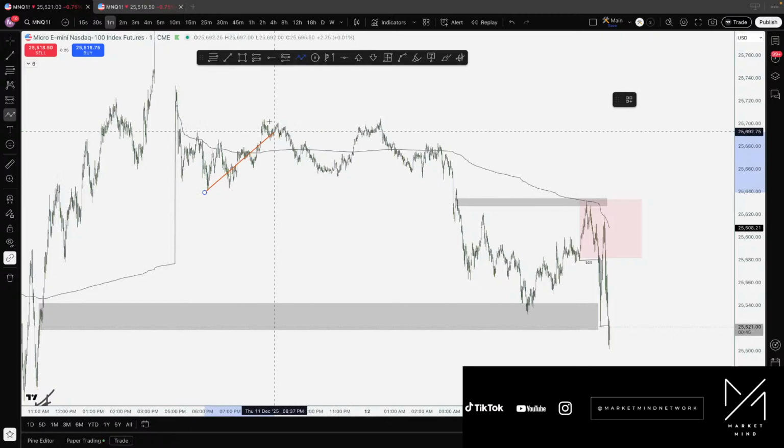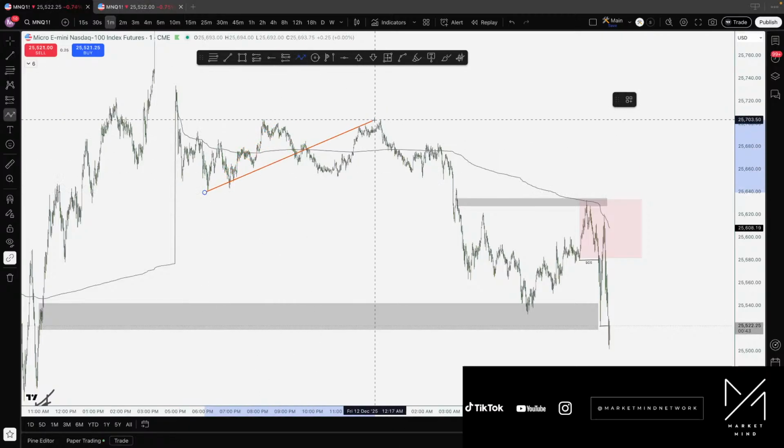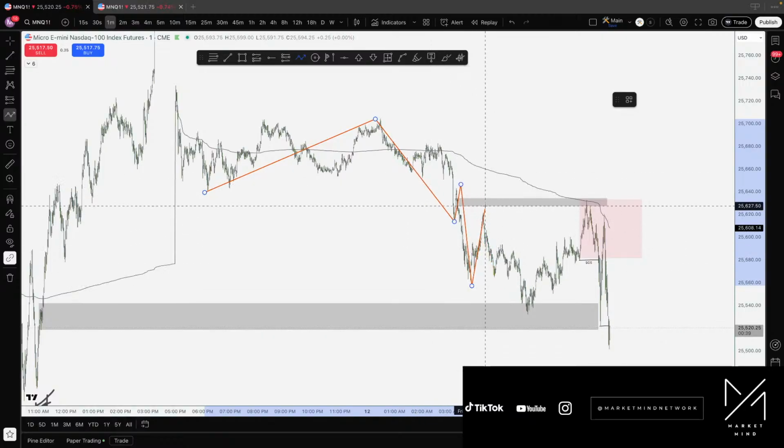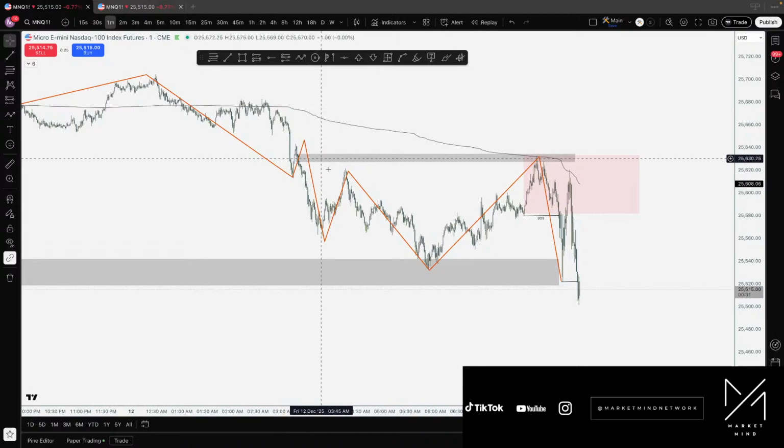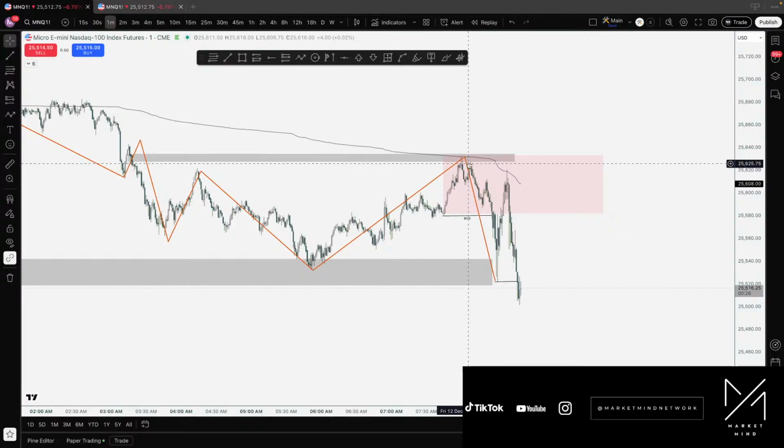So you're up, down, up, down, up, down, tap into something, and then down again, right? Price came back and tapped into VWAP, and VWAP pretty much rejected it.